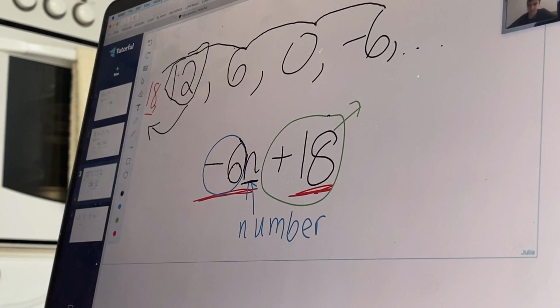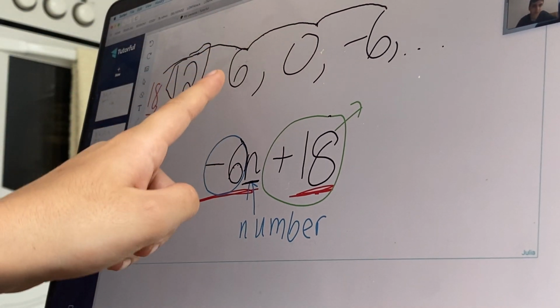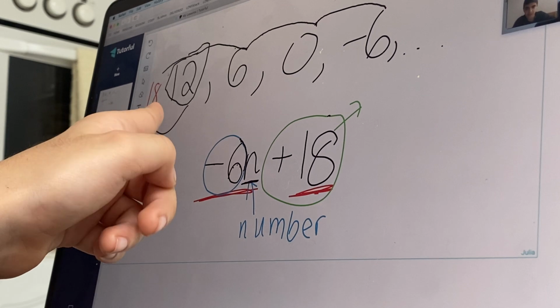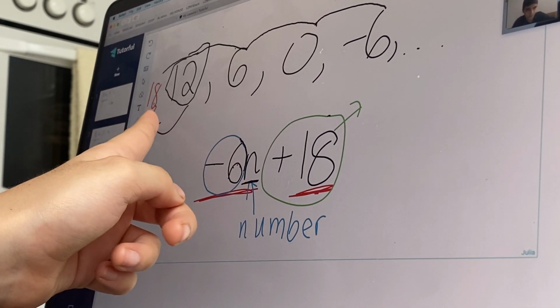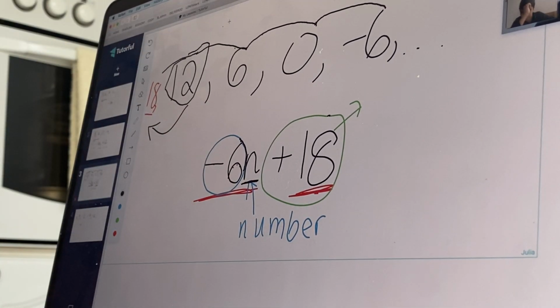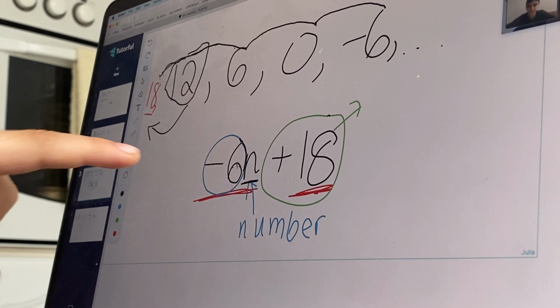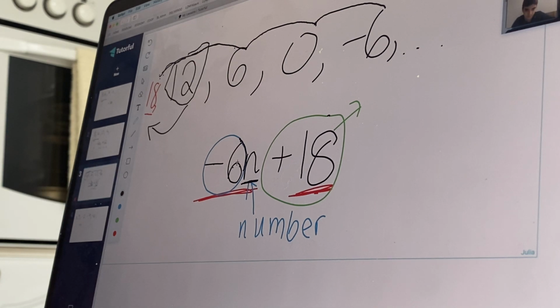So for this one, when the nth term is 18. Sorry, not quite. So just think about why, when you write the nth term, what does that mean to you? So what does this nth term expression actually mean?